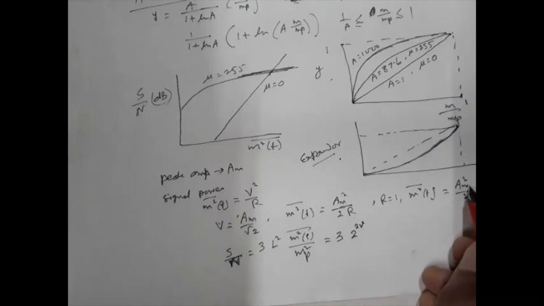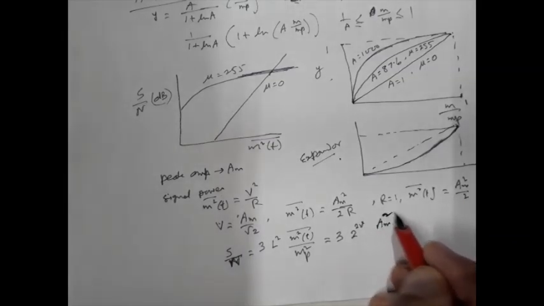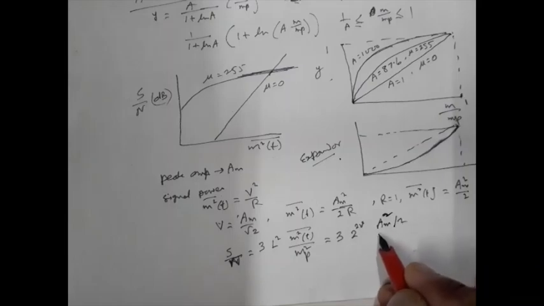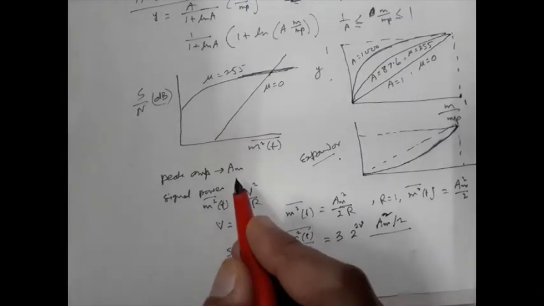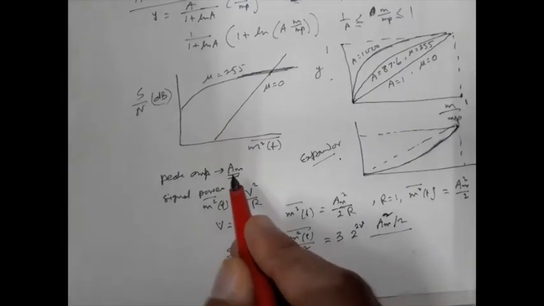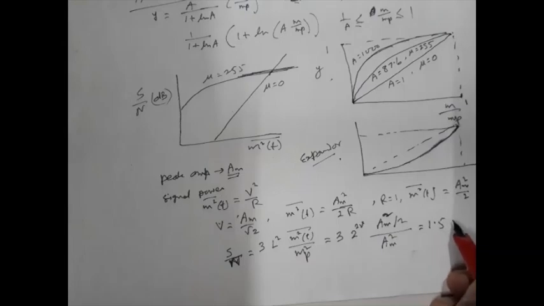We have already derived m square t bar. So Am square by 2 divided by mp square, where the peak amplitude is Am. So it becomes 1.5 into 2 to the power 2n.